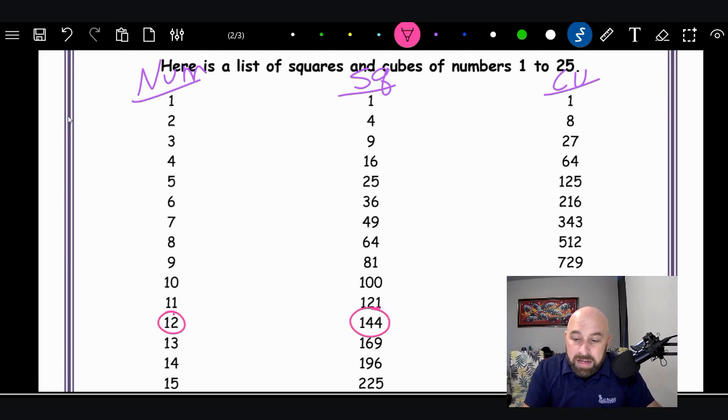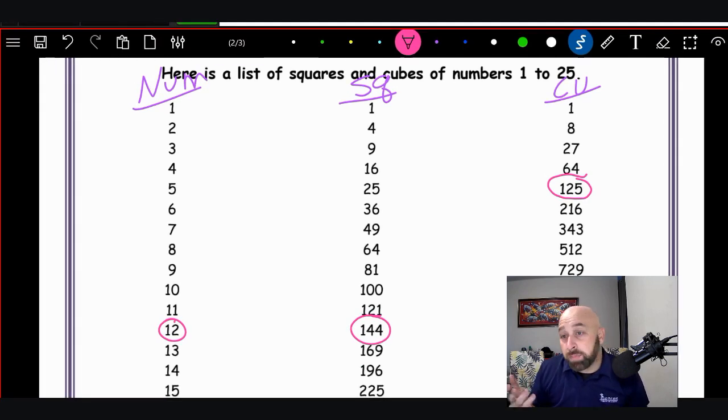Now, I am not going to make you know any of these past 125. Okay? So basically, after you get to 125, you can start using your calculators after that, but you shouldn't need your calculators for the cube of 8, for the cube of 27, and for the cube of 64, or for the cube of 125. Those ones should come pretty naturally to you.